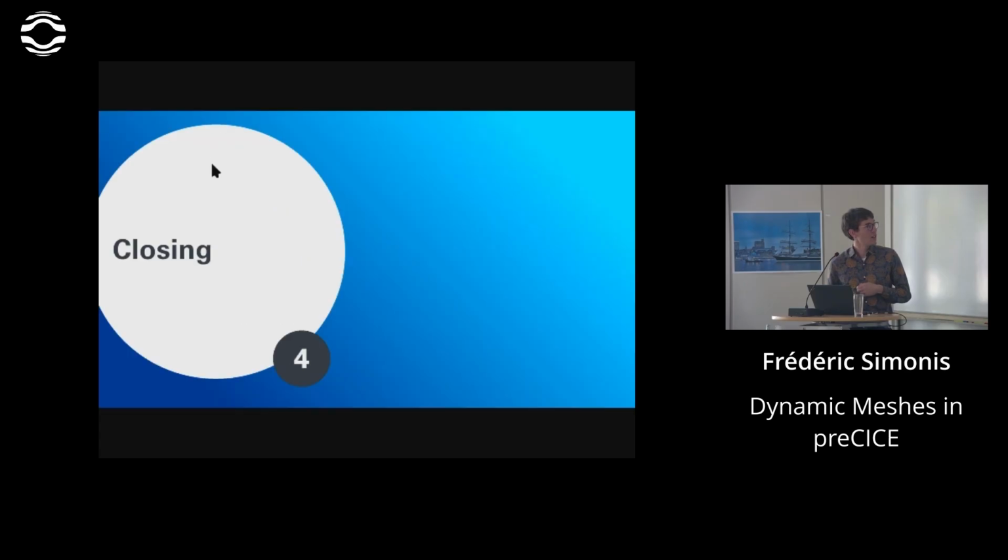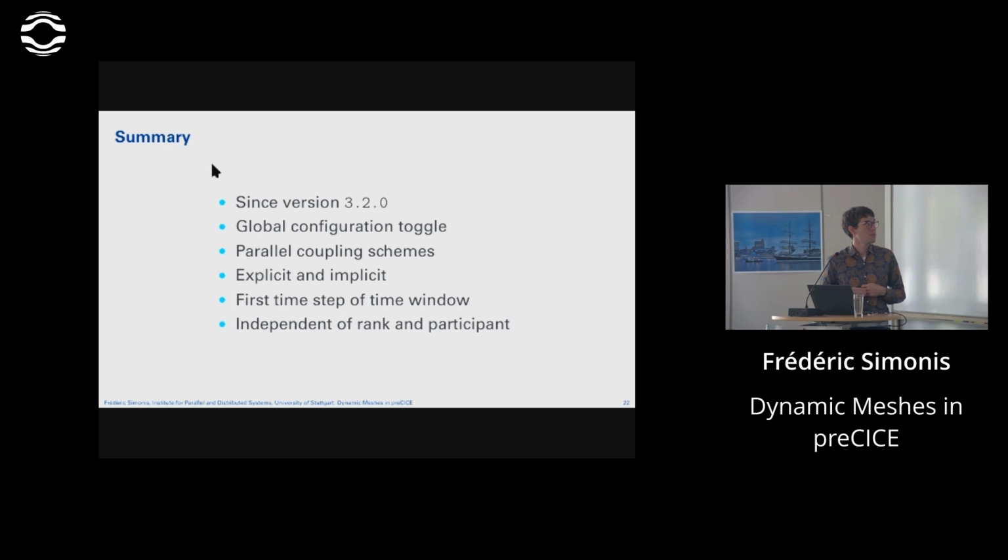Right? And this leads me to the summary. This feature is available since version 3.0, which was released on the 1st of April this year. Currently it only works with a global configuration toggle for the aforementioned reasons. It only works for parallel coupling schemes.